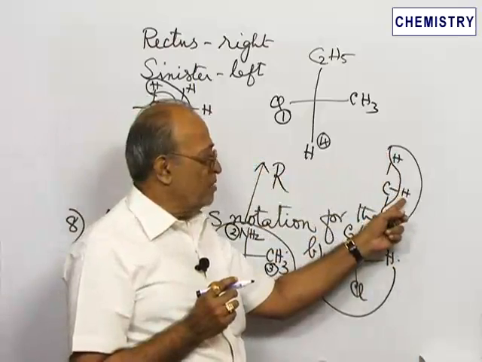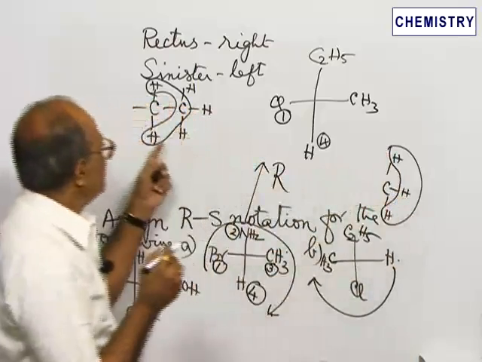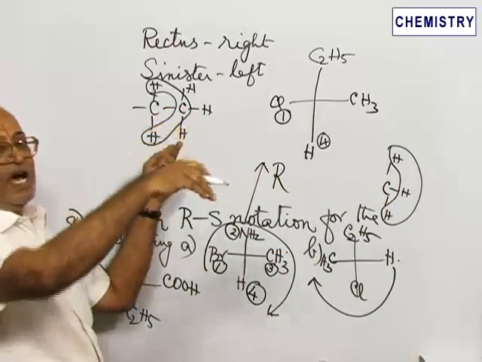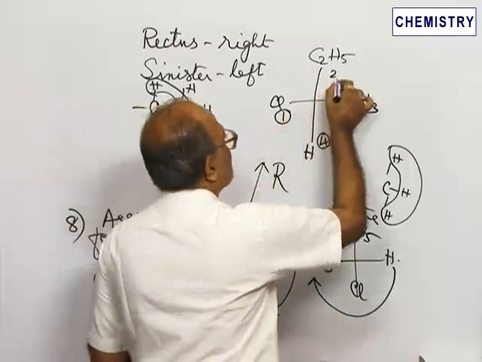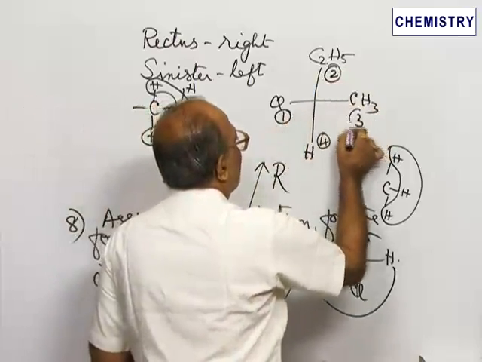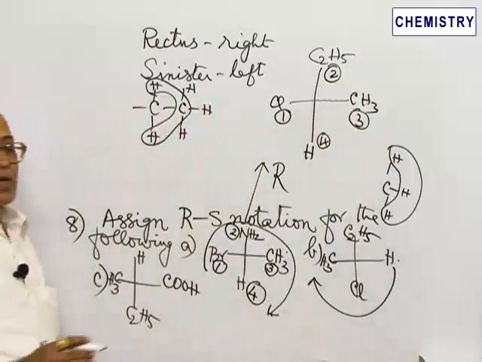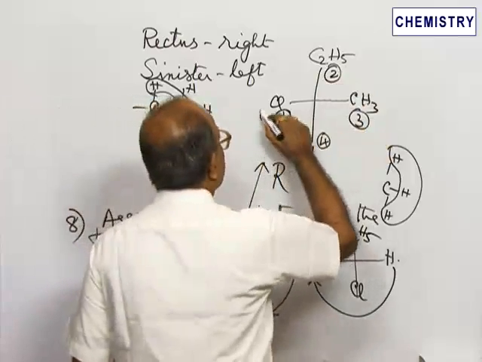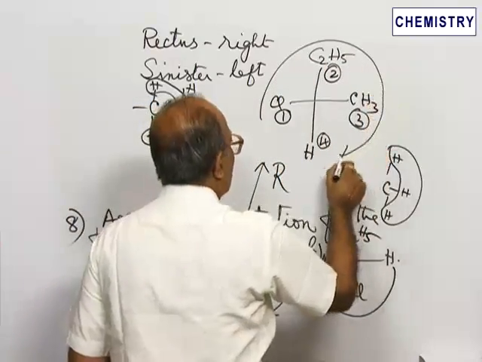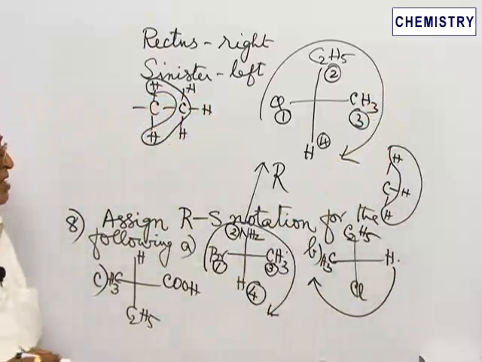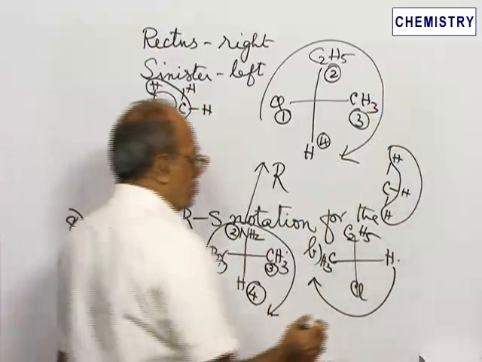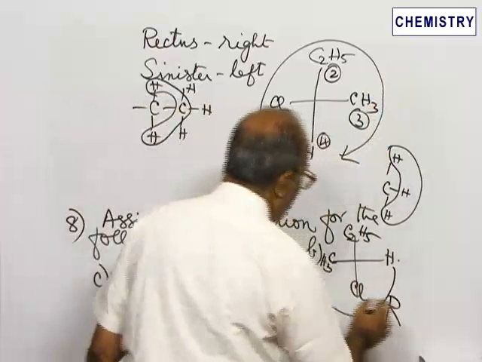Since 1 carbon is present here, this group will have a higher priority. So 2, this is 3. Now again you move your eyes 1, 2, 3, 4, again clockwise direction. So this will be R.